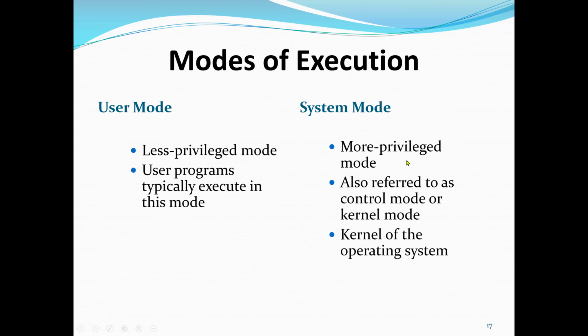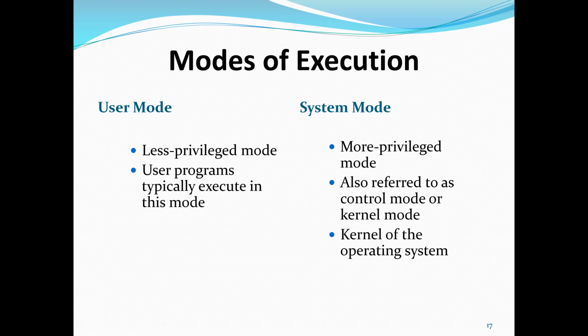So again, before we continue with this discussion of how the operating system manages processes, we need to distinguish between the mode of process execution normally associated with the operating system and that normally associated with user programs.